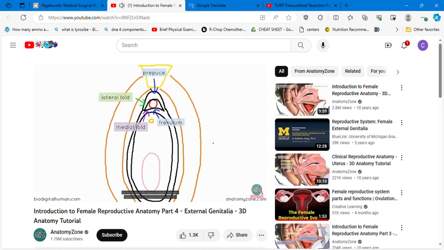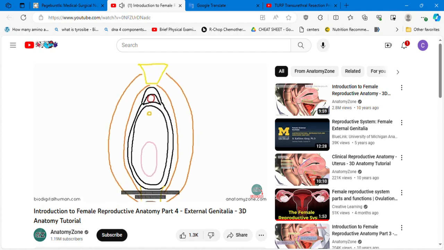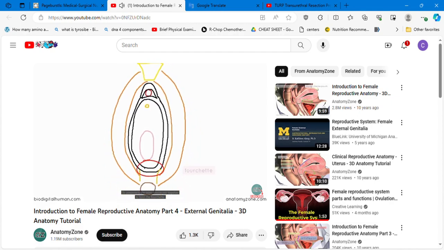The body of the clitoris extends forward anteriorly from the glans clitoris, and it's deep to the prepuce, so it's underneath the hood. Posteriorly, the labia minora join together to form the fourchette. The area surrounded by the labia minora, containing the urethral orifice and the vaginal orifice, is known as the vestibule.